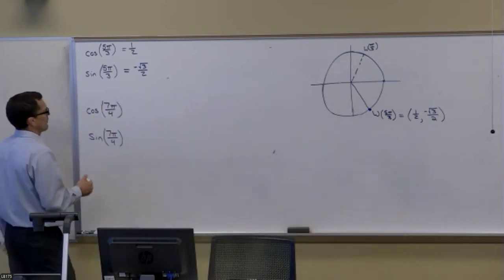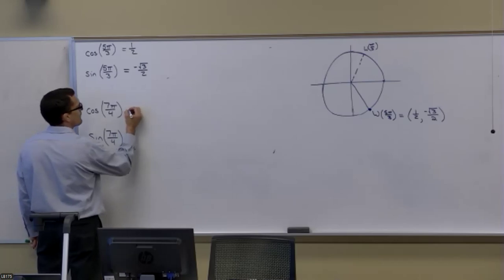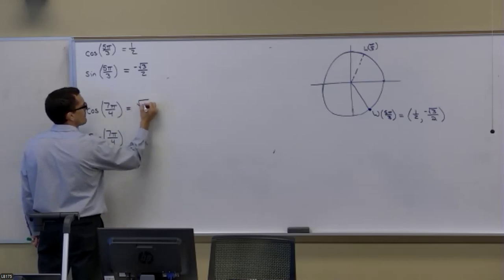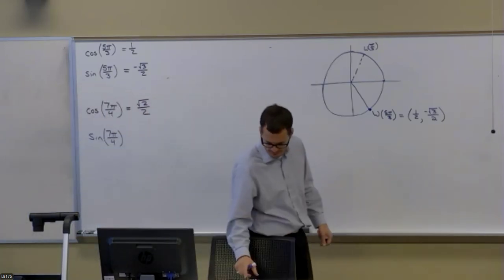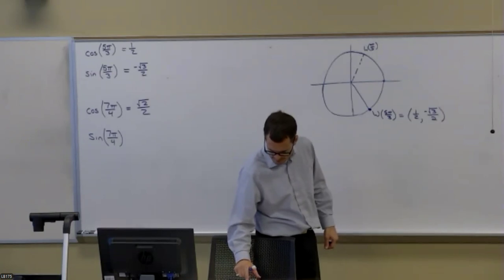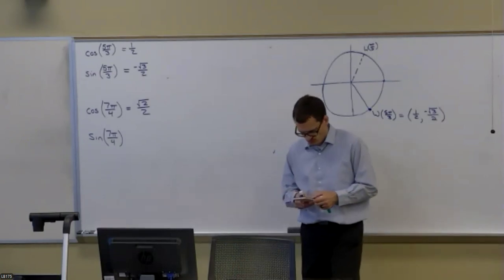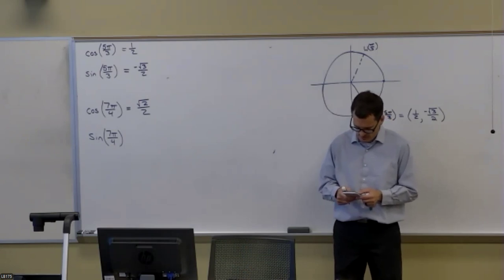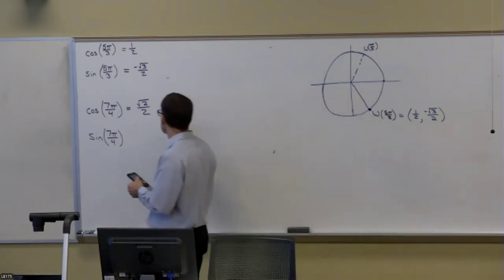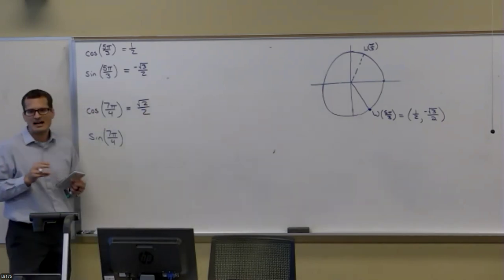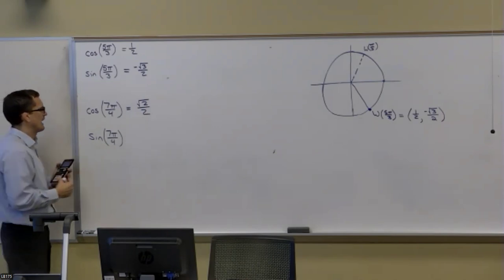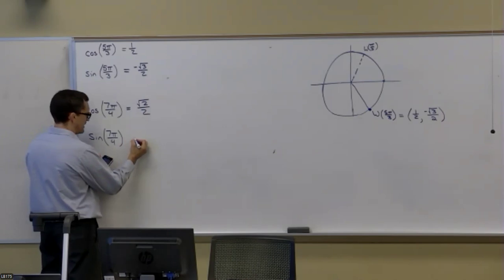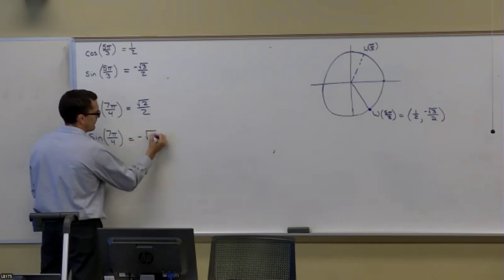The same thing would work with 7 pi over 4. If I take cosine, on 7 pi over 4, I get root 2 over 2 again. I have to recognize that that ugly decimal 0.707 is root 2 over 2. And with the sine, I end up with a negative root 2 over 2.